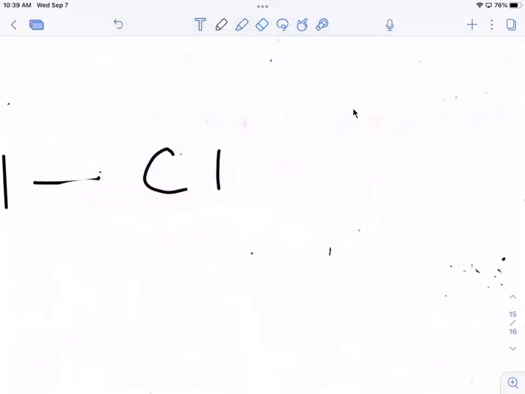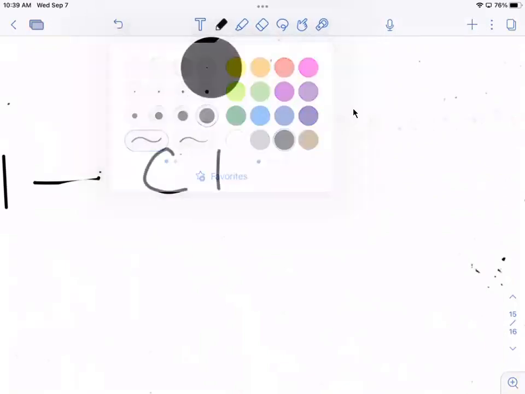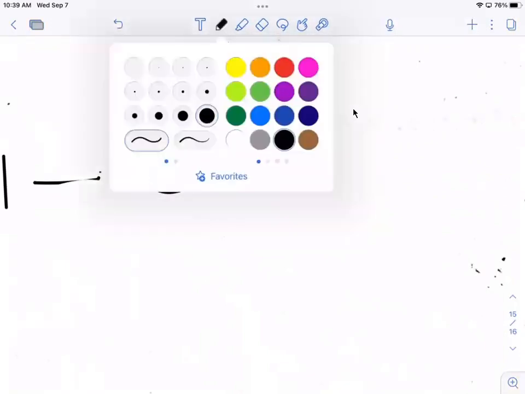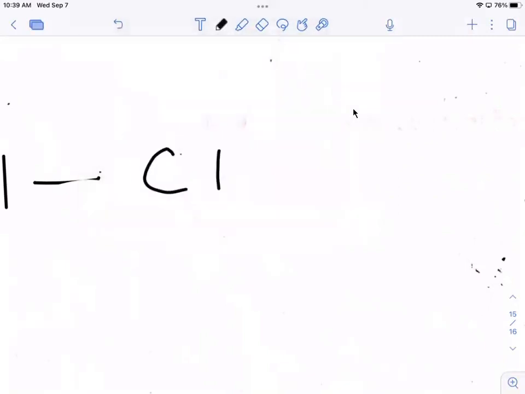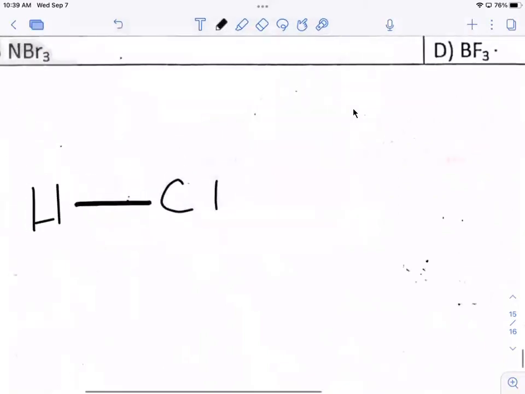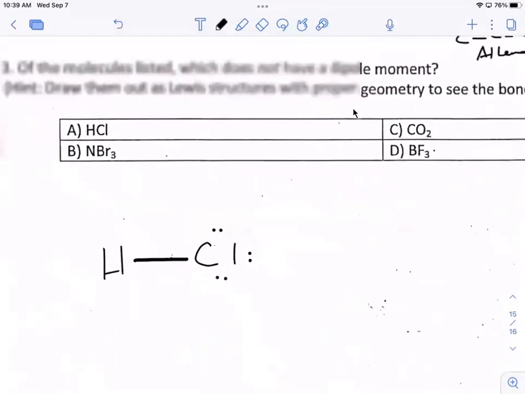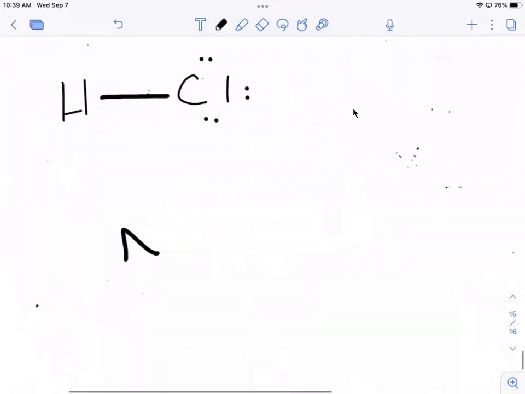Let's clean it up some. So that's HCl. And then the other molecule is NBr3.